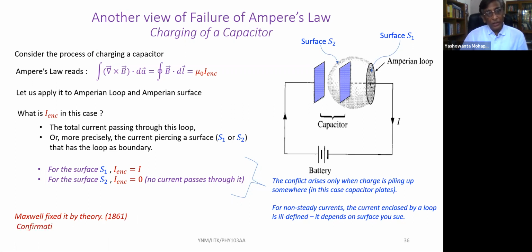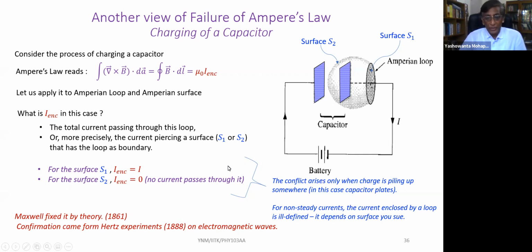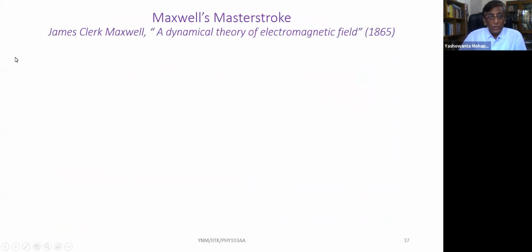Of course, the experimental confirmation came only much later, from the experiments of Hertz with electromagnetic waves, about 1888, about 27 years after it was first proposed. And we'll see why.